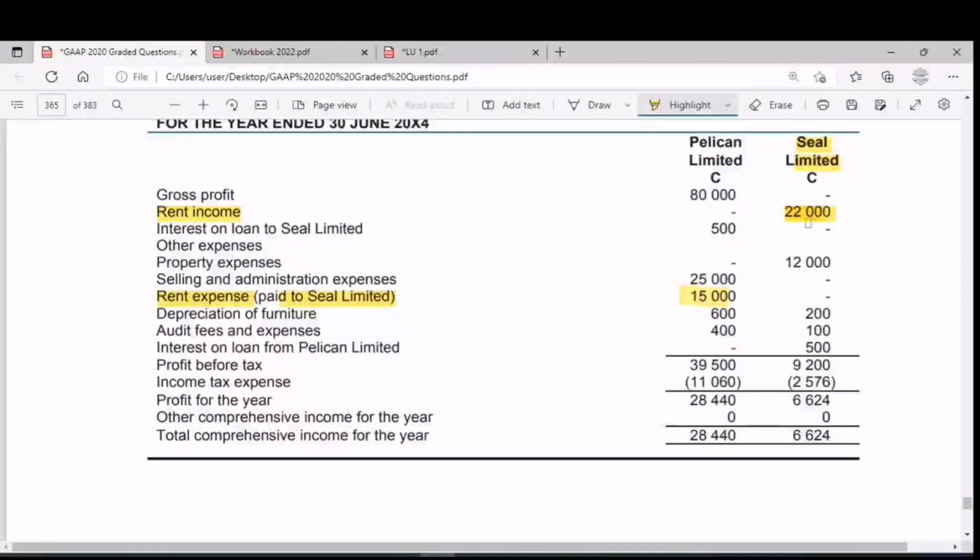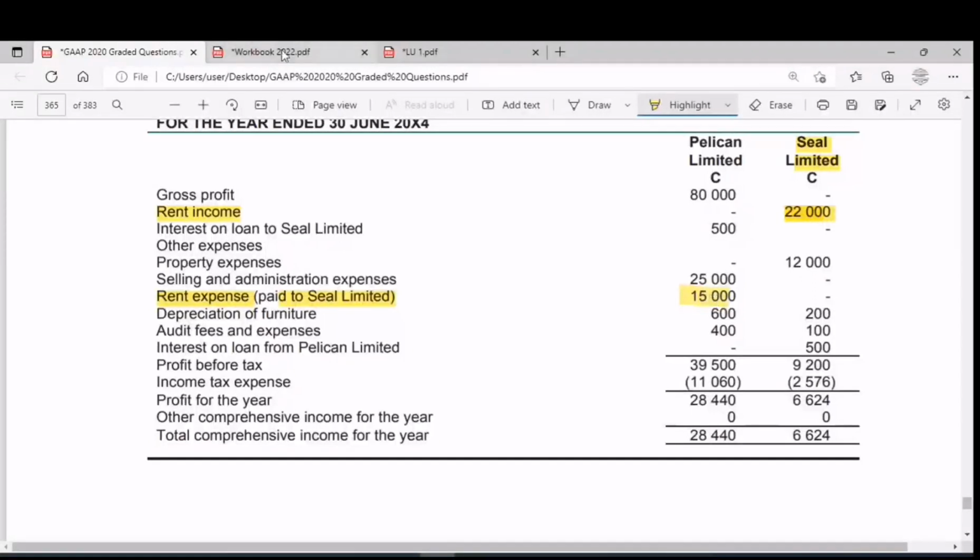So of this 22,000, Usil Limited received 15,000 from Pelican. Since there is rent from the parent, we must recognize that rent. The rent we will finally recognize is 7,000 from outside. The 15,000 comes from within the group, so we must eliminate it: in Usil Limited it is income and in Pelican it is rent expense.